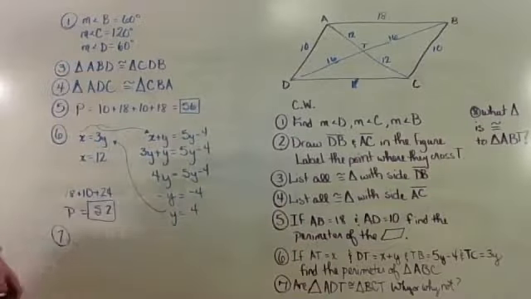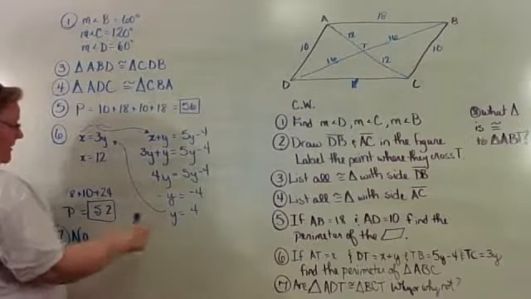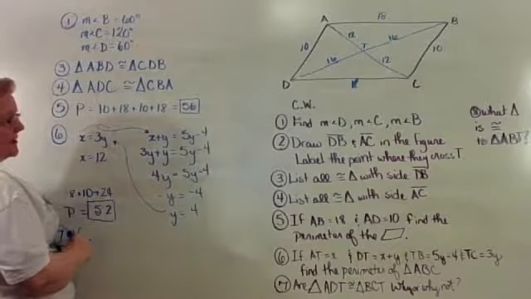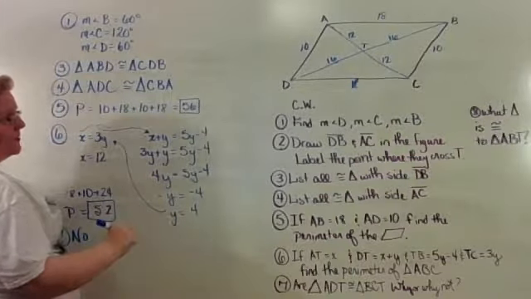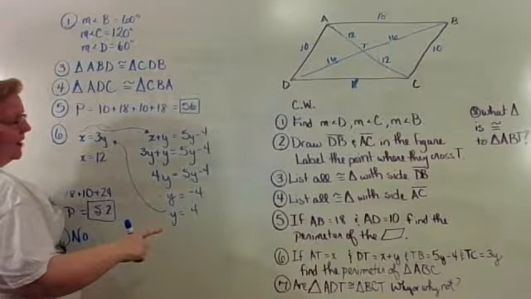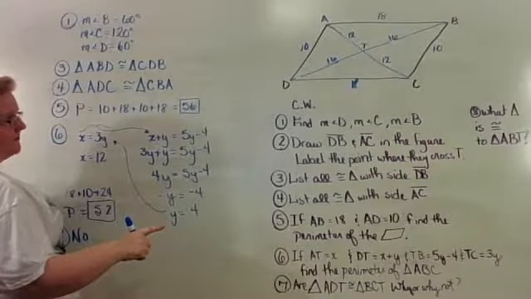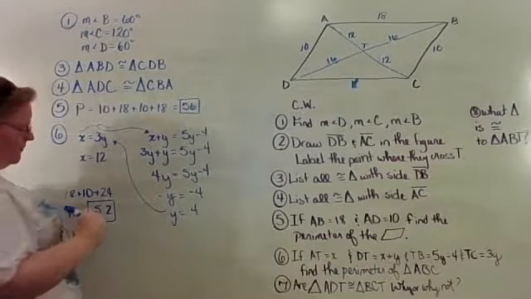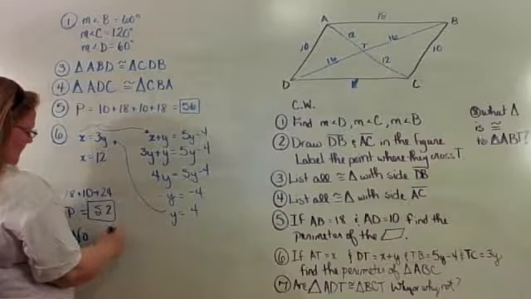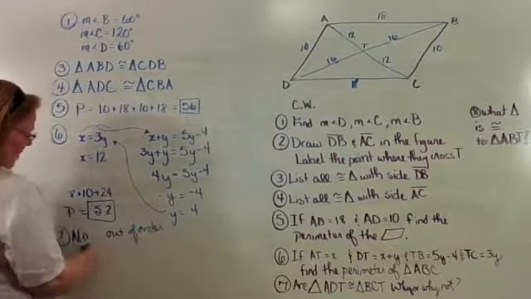No. Because they gave us an order, and that is the wrong order. That says that AD has to be congruent to BC, which is true. But then it says that DT also has to be congruent to CT, which is not true. They're not in the right order.